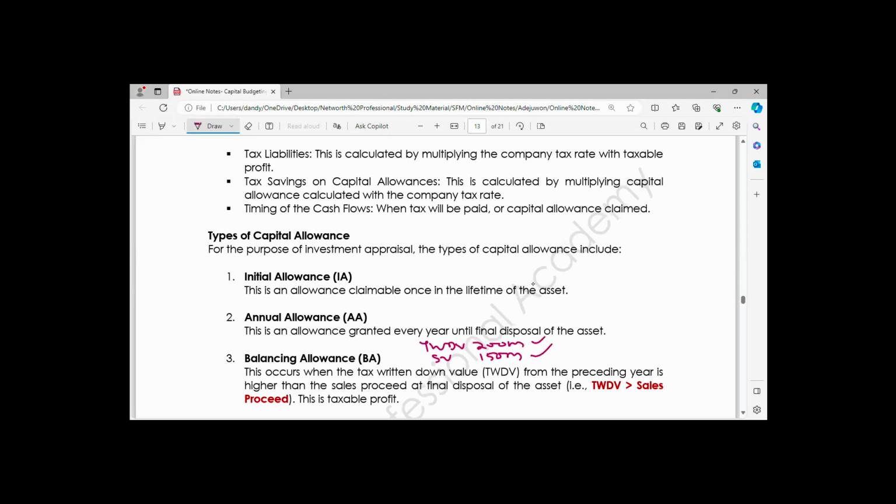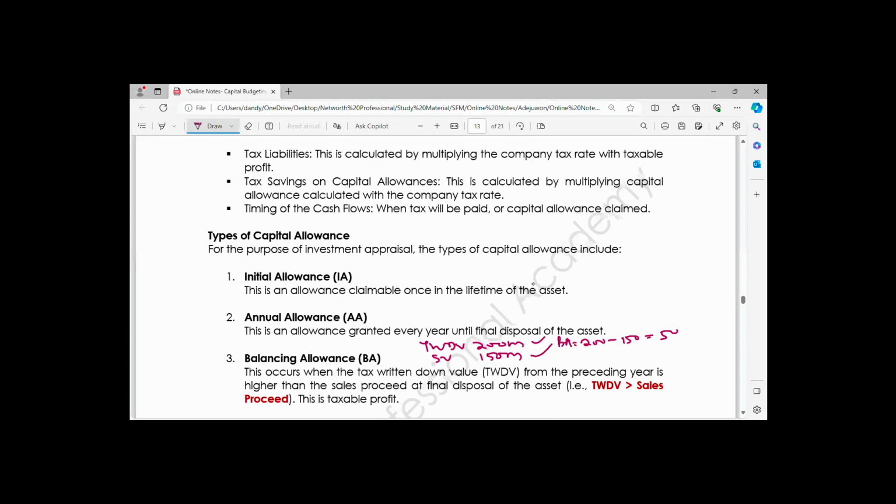Therefore, the difference of 50 million, which is 200 million minus 150 million, represents the balancing allowance. The difference between the tax written down value from the preceding year and the sales proceed represents the balancing allowance. So that is that.